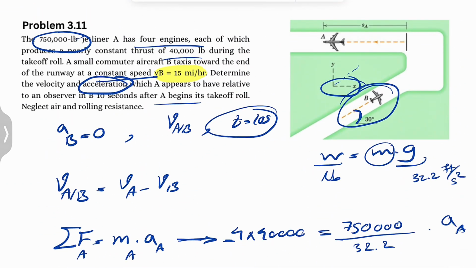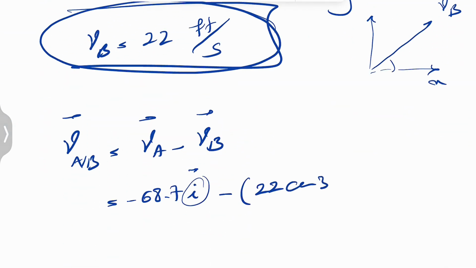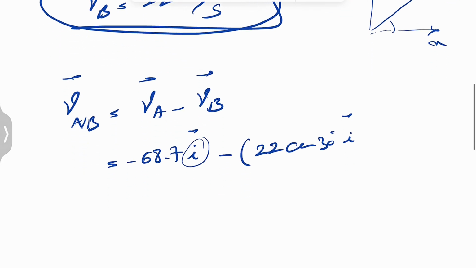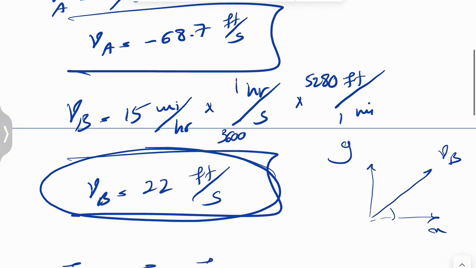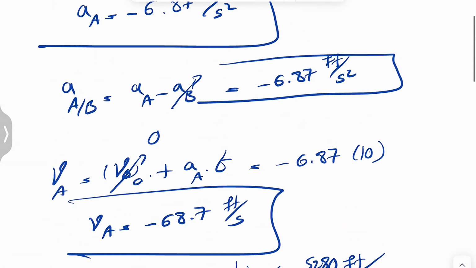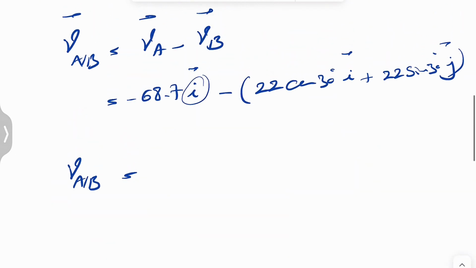We know it makes 30 degrees. So the x component would be vB cosine of 30, and the y would be vB sine of 30. Here we have 22 cosine of 30 degrees for the x component and sine of 30 degrees for the y component. And I think I forgot to show the acceleration. The acceleration here, which was one of the answers, we can also put the unit vector on to report it as a vector.